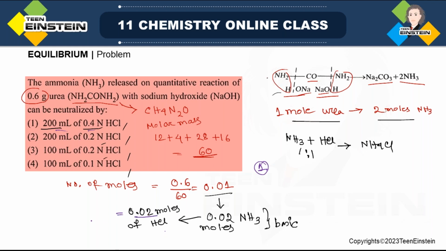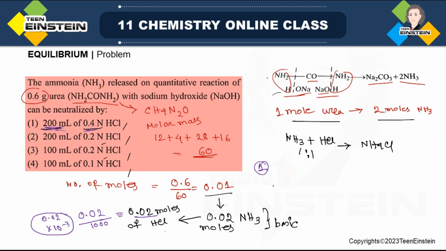In terms of millimole, it is just divided by 1000, so it will be 0.02 into 10 to the power minus 3. After multiplication you should get this value.